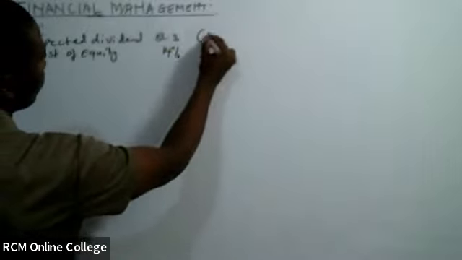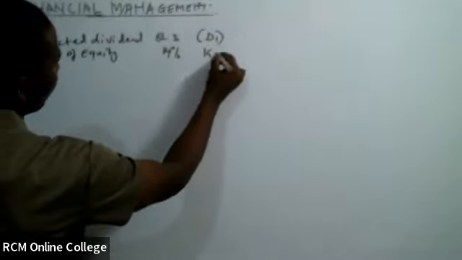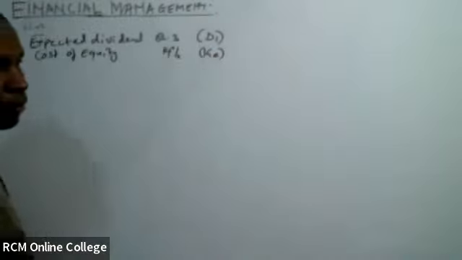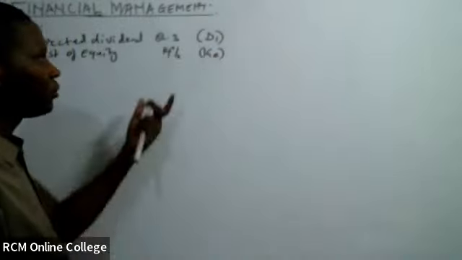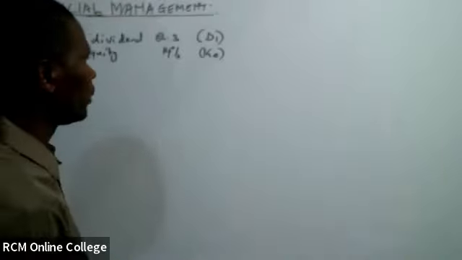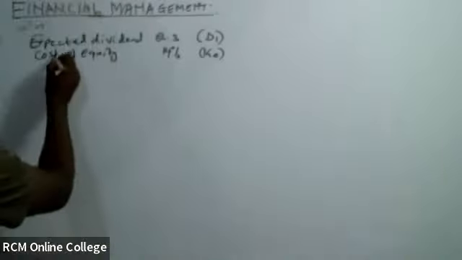So this is what we call D1. This is what we call KE. D1 and KE. It is always good to know how we symbolize that.